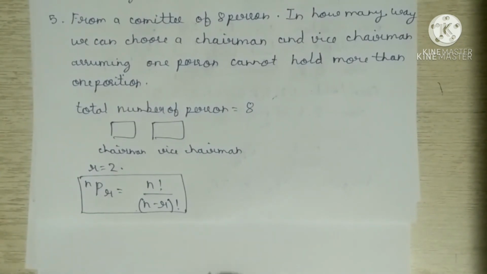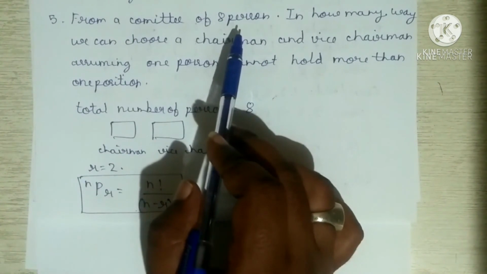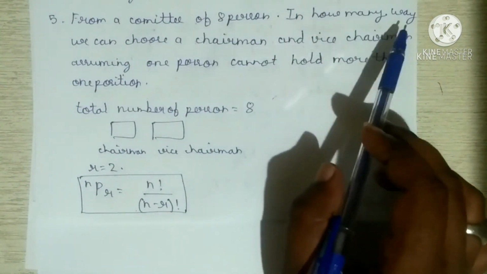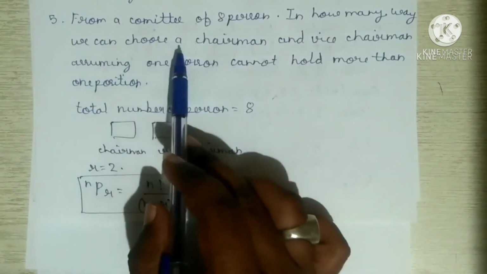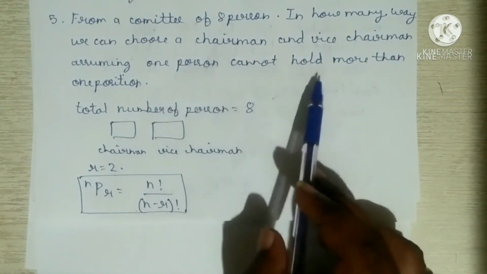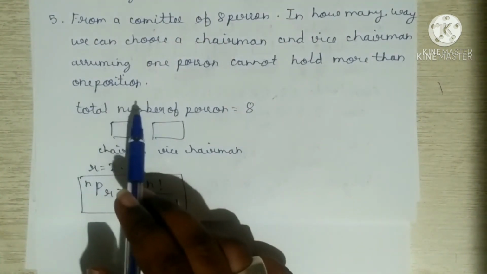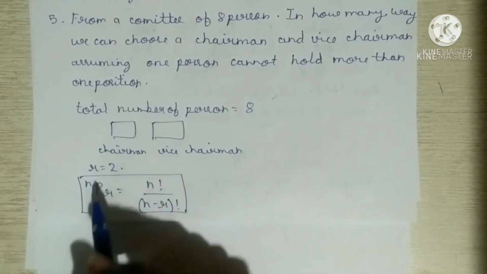Next we'll go with the 5th question. From a committee of 8 persons, in how many ways can we choose a chairman and vice chairman, assuming one person cannot hold more than one position? One person cannot hold more than one position means we need to use the permutation formula.